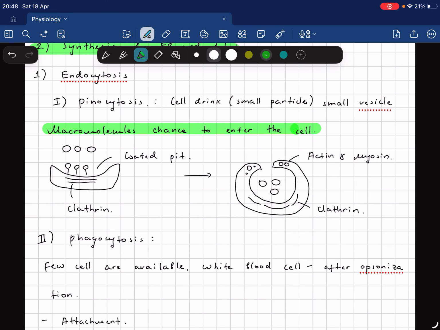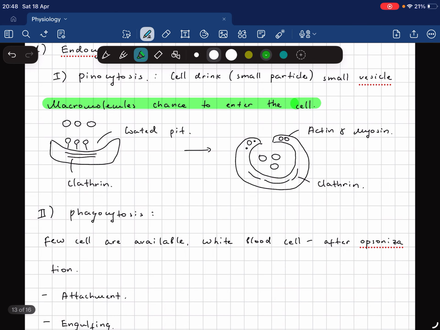And I just tried to draw the pinocytosis mechanism. Basically you have a coated pit, and you might be wondering why it is named a coated pit. It is because it has receptors on it and it is a pit. Beneath that, we have the clathrin molecule, which is just a filament.